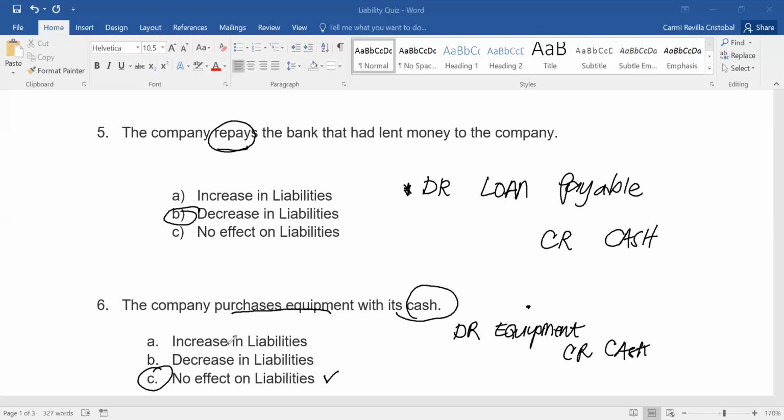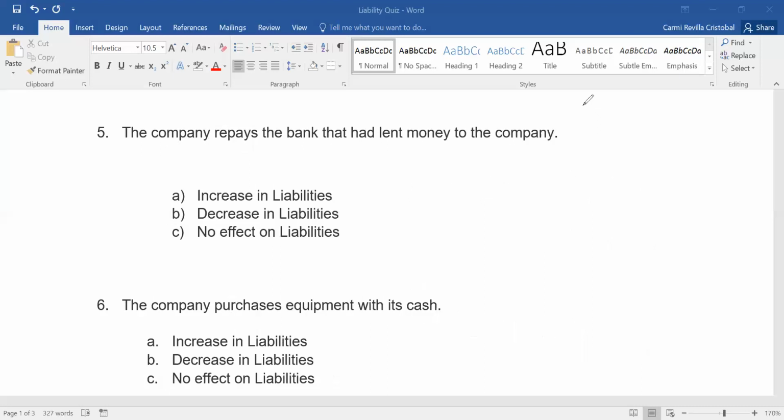Kasi sometimes pwede ang question is increase ba in liability or decrease in assets. But this one, since we're focusing muna sa liability, I trick a bit our quiz para mag-focus lang tayo on how it impacts the liability. All right? Okay, next.